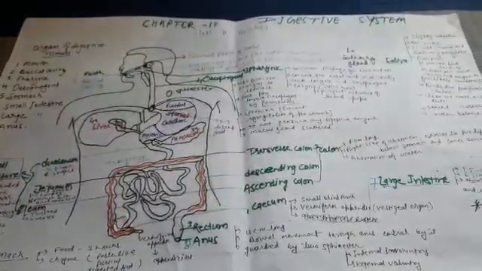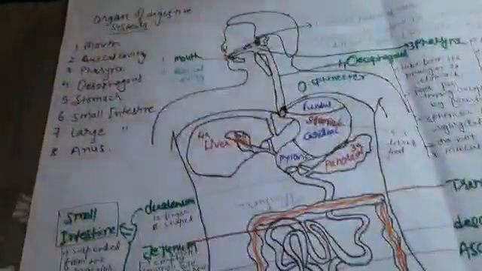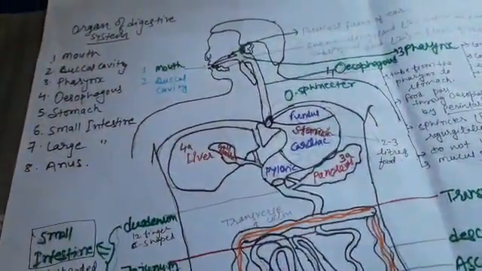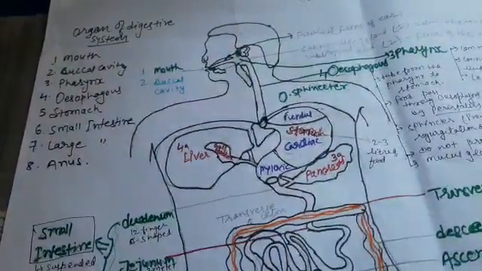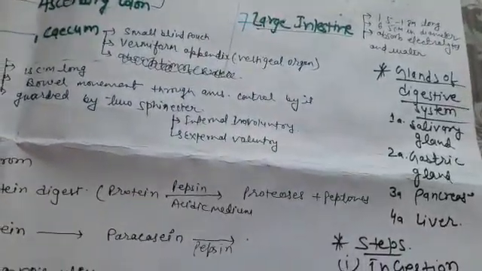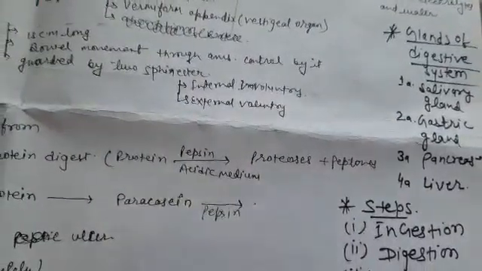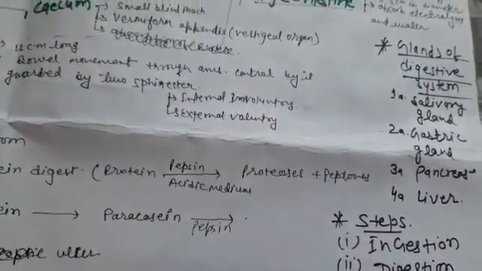Now in summary, what we have studied in chapter 11 is the organs of the digestive system, which are the mouth, buccal cavity, pharynx, esophagus, stomach, small intestine, large intestine and anus. We also studied the glands of the digestive system, that is the salivary gland, gastric gland, pancreas and liver.